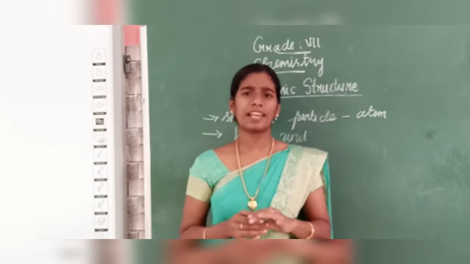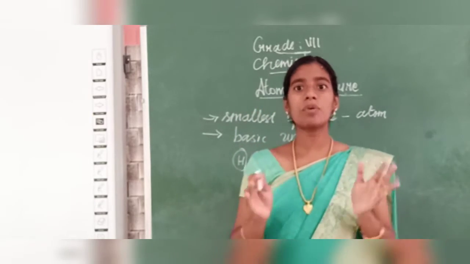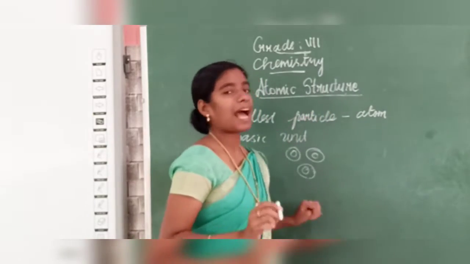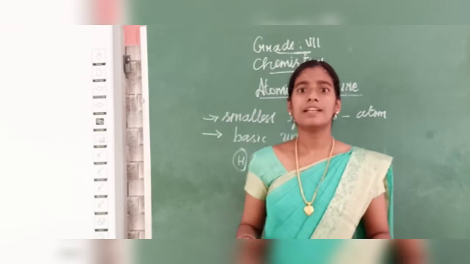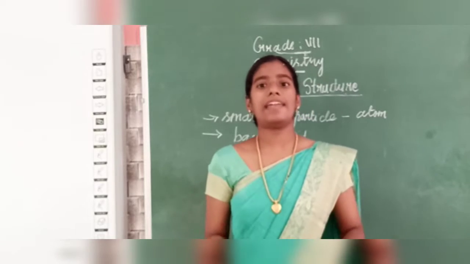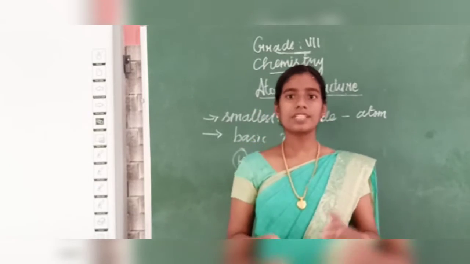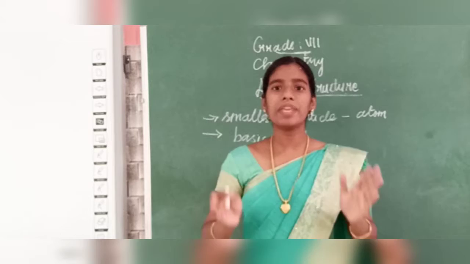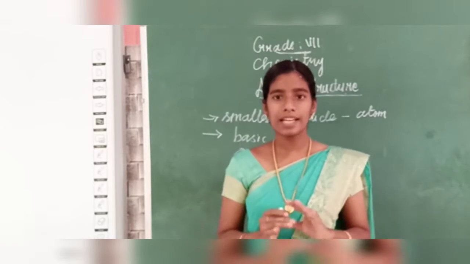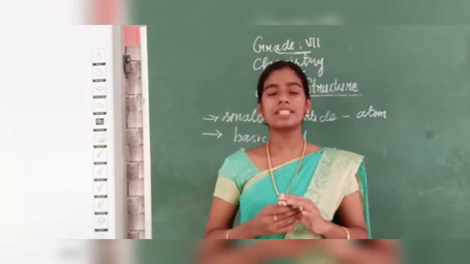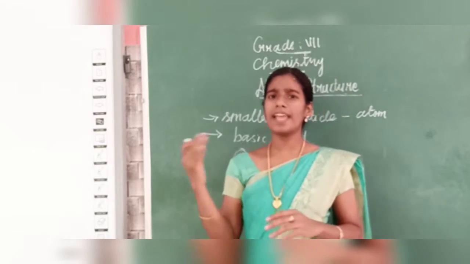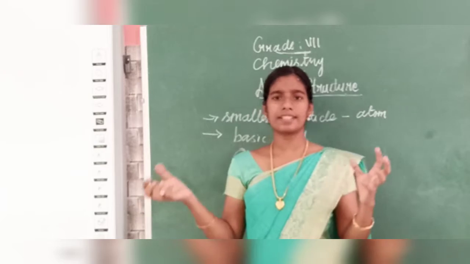When we consider an atom of an element, consider iron as an element. It will have only the atoms of iron. Consider gold. It will be made of only the atoms of gold. When days go on, this iron will start rusting.